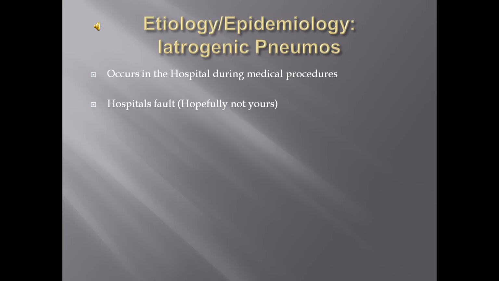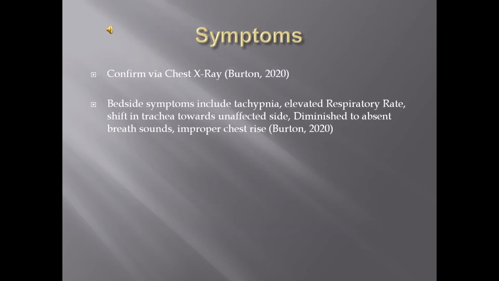Out of the cacophony of symptoms that a pneumo produces, there are a few that stand out, and can be measured at the patient's bedside. Officially, they could be confirmed via chest x-ray, but let's say we don't have that yet, we're just using our eyes, ears, and hands.